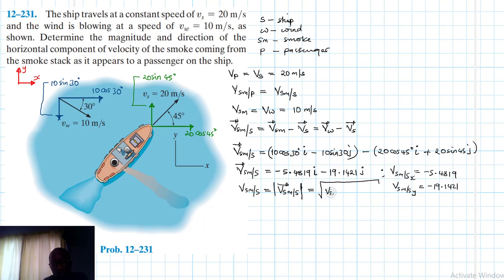So putting them in here, V_SM/S is equal to the square root of 5.4819 squared plus 19.1421 squared.